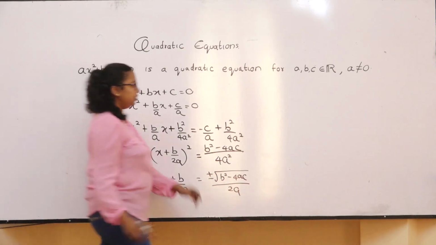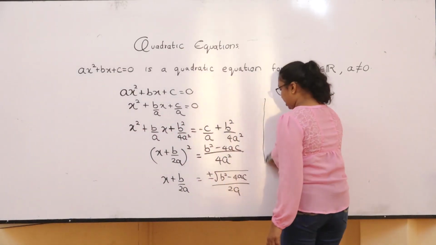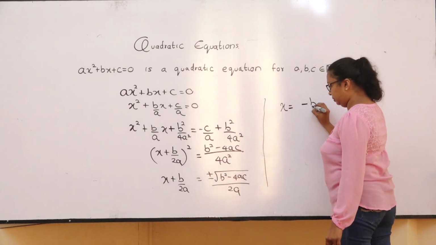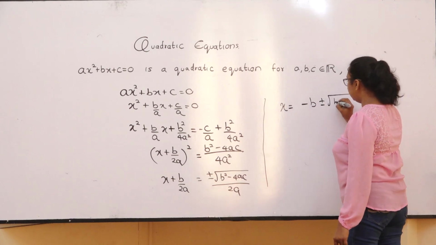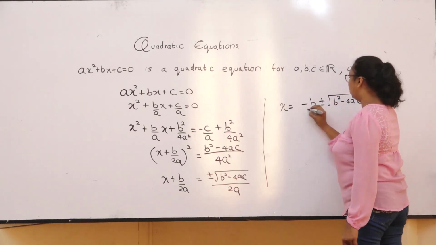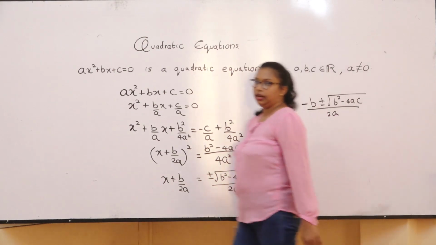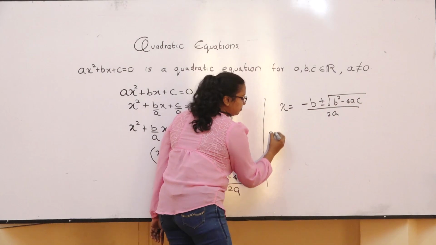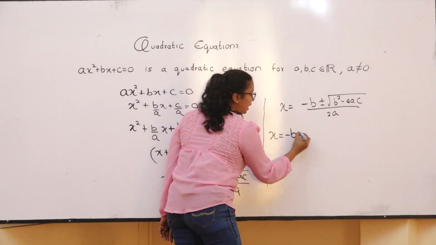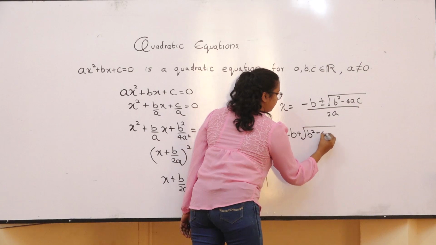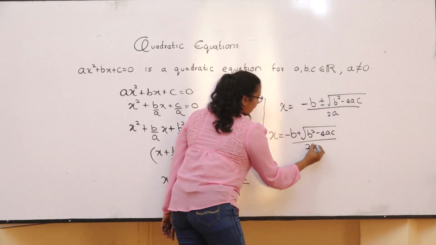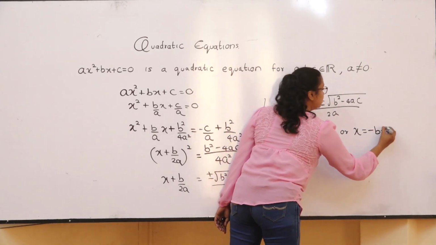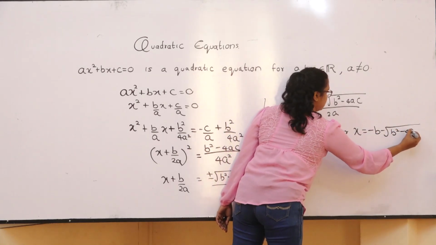Now you can observe, we can make x the subject very easily. x is equal to minus b plus or minus the square root of b squared minus 4ac over 2a. So that means you have two solutions for x. One is x equals minus b plus the square root of b squared minus 4ac over 2a, and the other one is x equals minus b minus the square root of b squared minus 4ac over 2a.